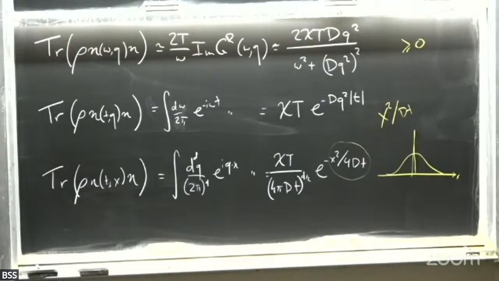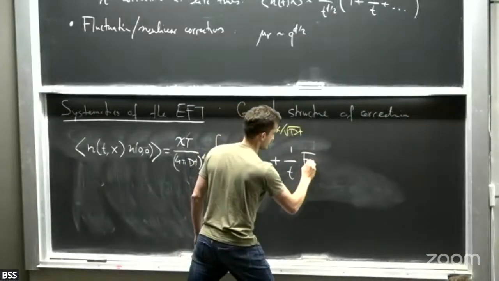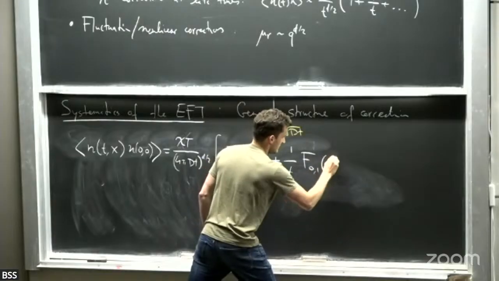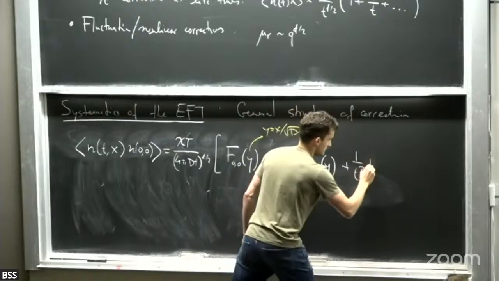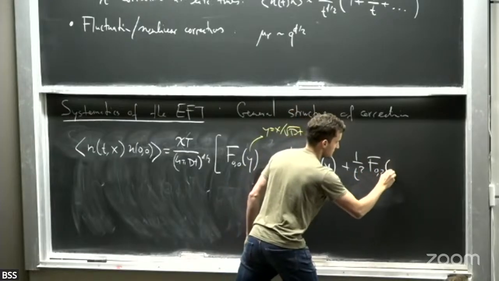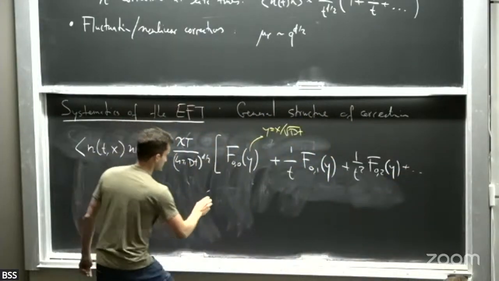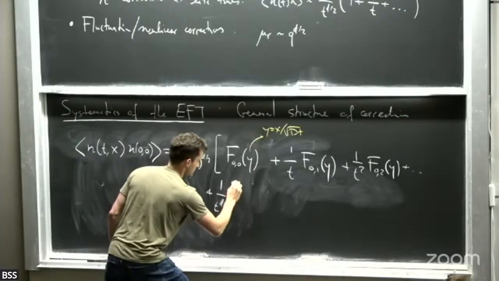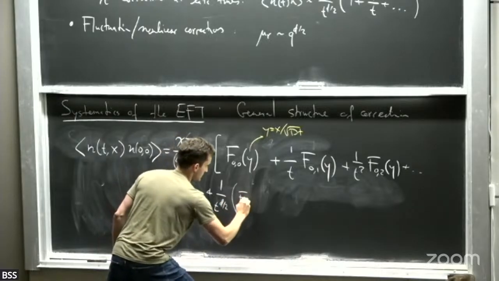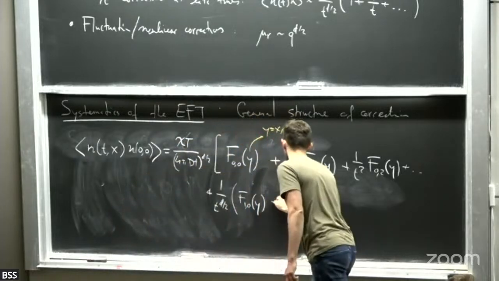Okay. But we see that now we understand the general structure of corrections. We're going to have higher derivative corrections, which come with more and more powers of 1 over t, and which will come with their own scaling functions. Second order higher derivative corrections, and so on. We have fluctuation corrections, which are suppressed by t to the d over 2, and will come with their own scaling functions.